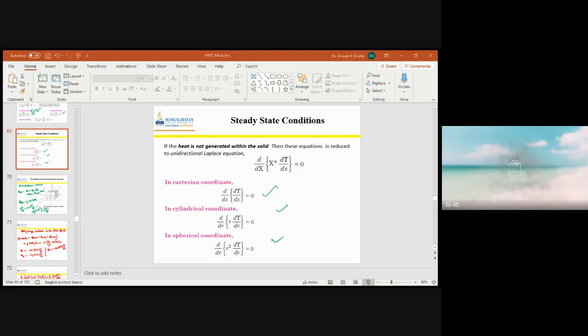In Cartesian coordinate system, the one-dimensional heat conduction equation, when heat is not generated within the solid, is simply d by dx into dT upon dx, so it becomes d squared T upon dx squared equal to 0.